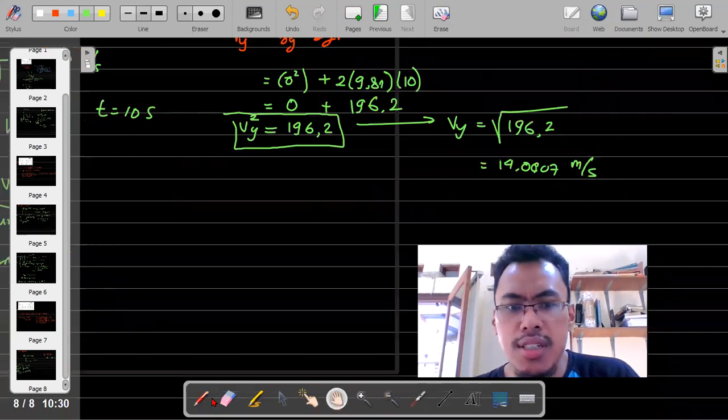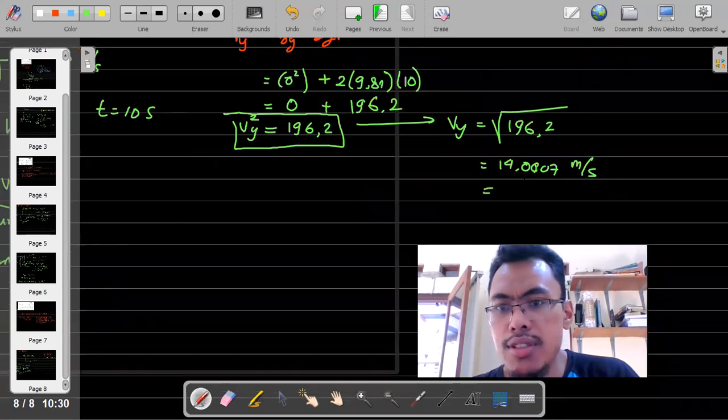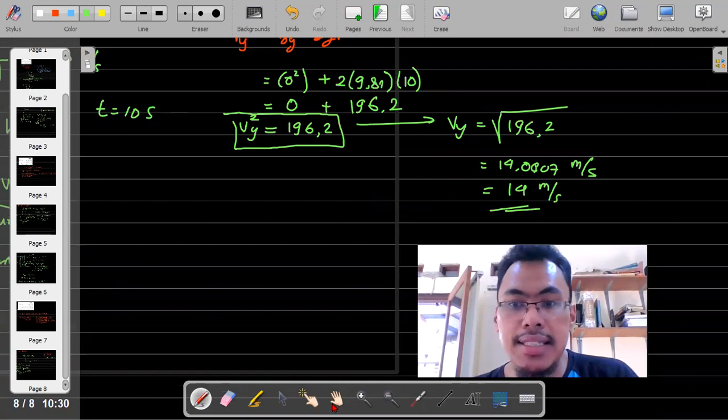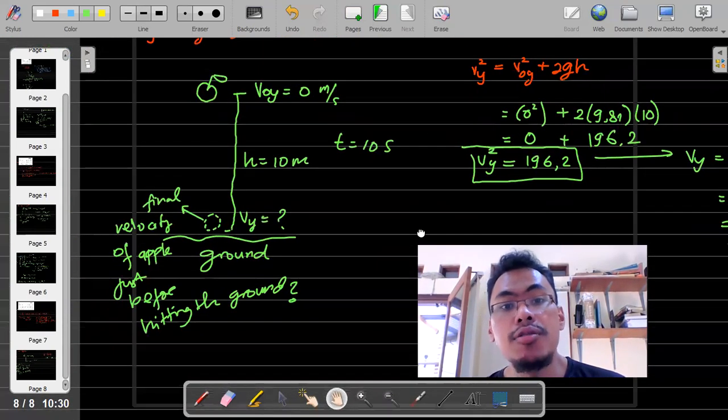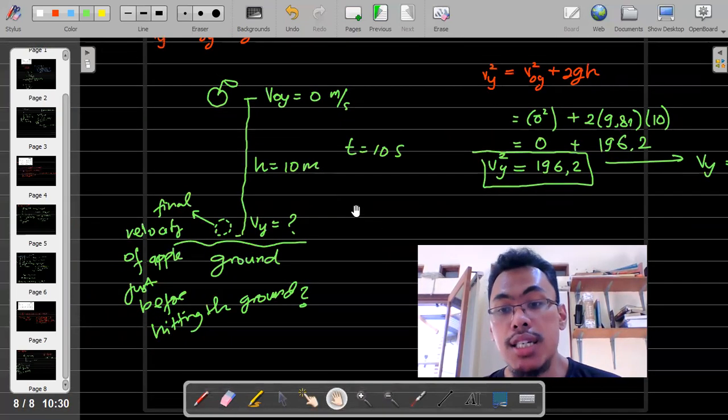But we can just round it to 14 meter per second. So this is the final velocity of the falling object.